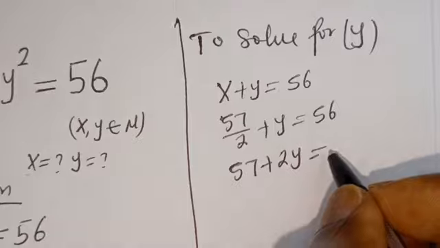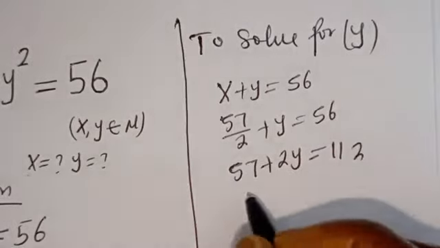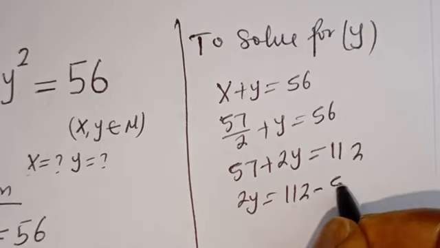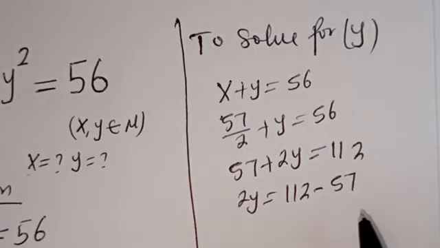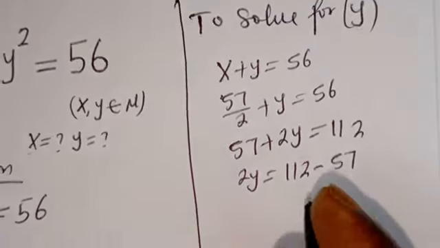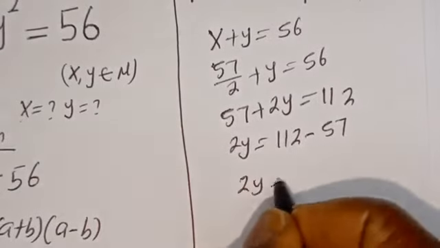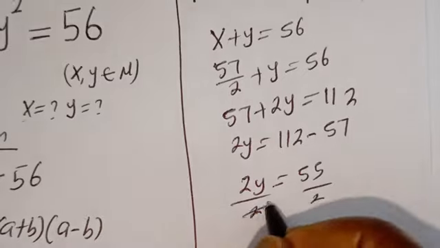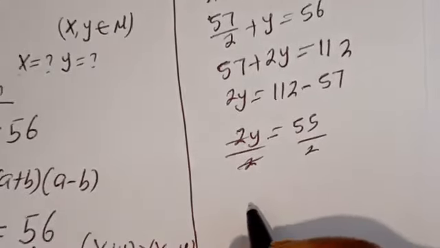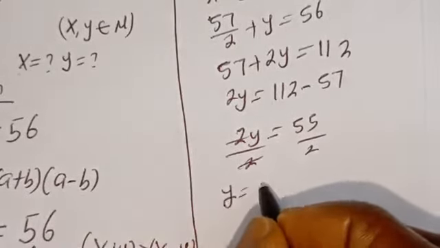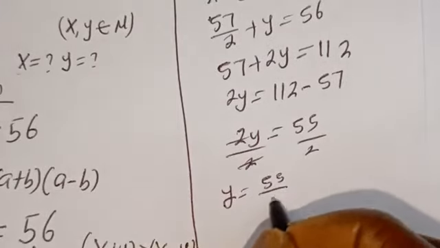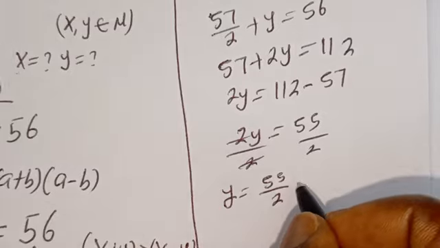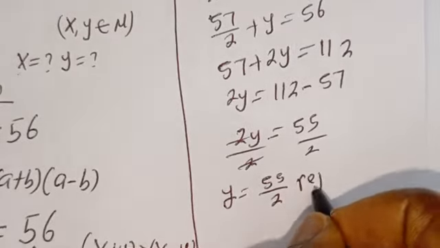This is 112. Then we have 2y is equal to 112 minus 57. 2y is equal to 55. Divided by 2, this will cancel this. Now y is equal to 55 over 2. This is not a natural number, so it is also rejected.